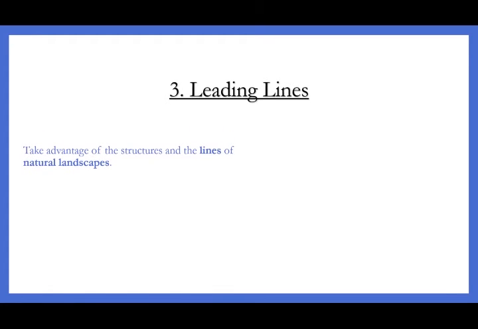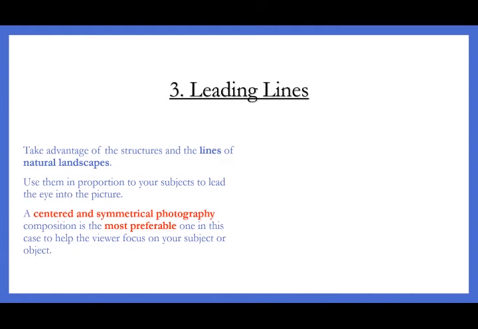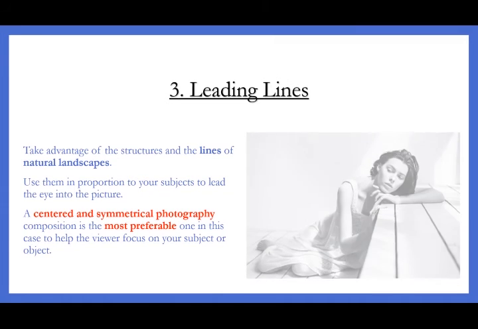Take advantage of structures and the lines of natural landscapes, and then use them in proportion to your subjects to lead the eye into the picture. A centered and symmetrical photography composition is the most preferable one in this case to help the viewer focus on a subject or object.